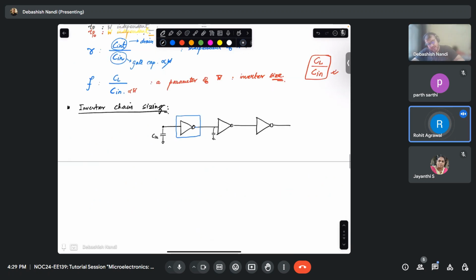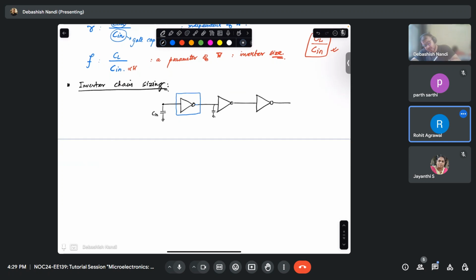Okay. So if that is clear, now let's see. Let's say this is my TP1 delay, this is TP2 delay, and this is TP3 delay. So what is the total delay? TP1 plus TP2 plus TP3.